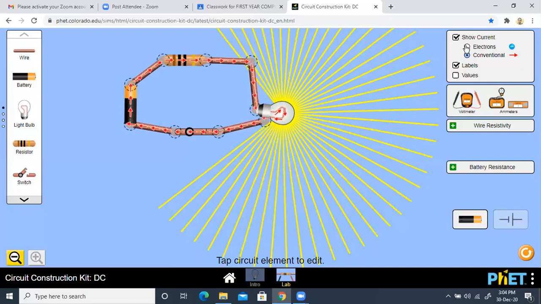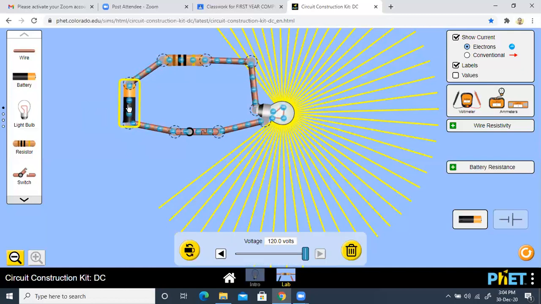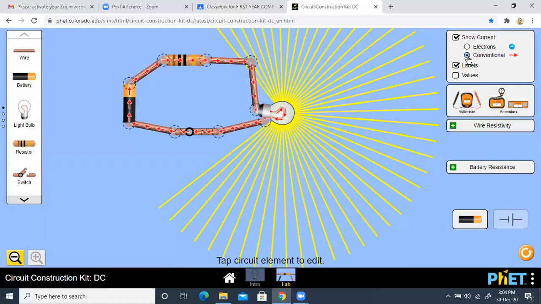And if I observe the direction of electrons, it is anti-clockwise. So always you should remember the conventional current direction is opposite to that of movement of electrons. That is one thing. Again, you also observed that whenever I increase the voltage in the battery, the movement of electrons is faster, and also the movement of conventional current is very fast.